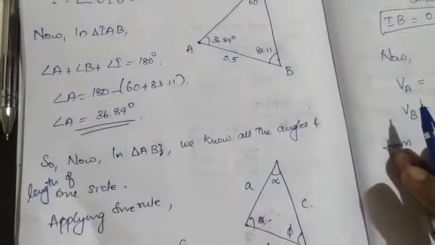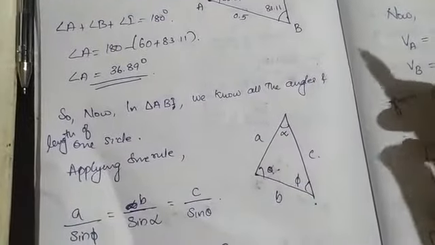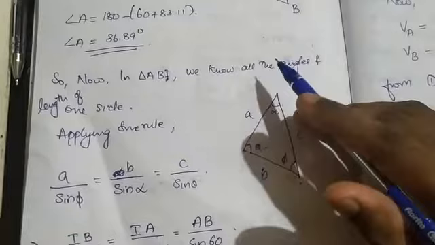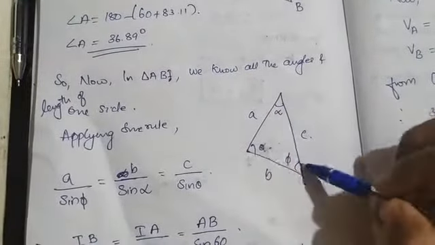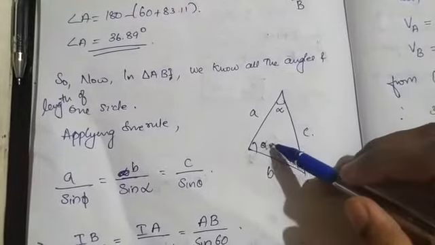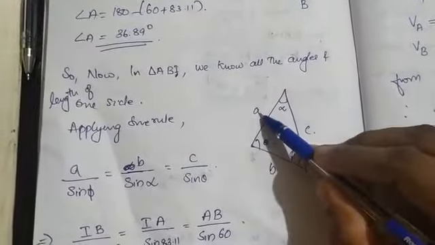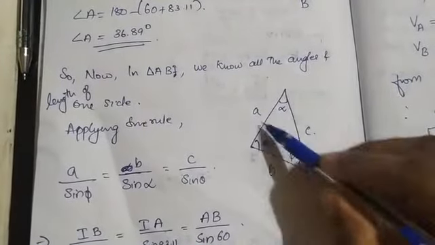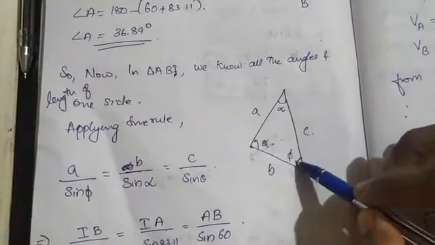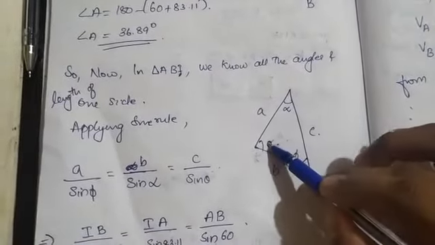Now here we'll apply the sine rule. So what do you mean by sine rule? I hope you have already studied this. If you know the three angles and any one side, you can apply this. That means a side divided by the sine of the angle opposite to that side are mutually equal: a by sine phi equals b by sine alpha equals c by sine theta.